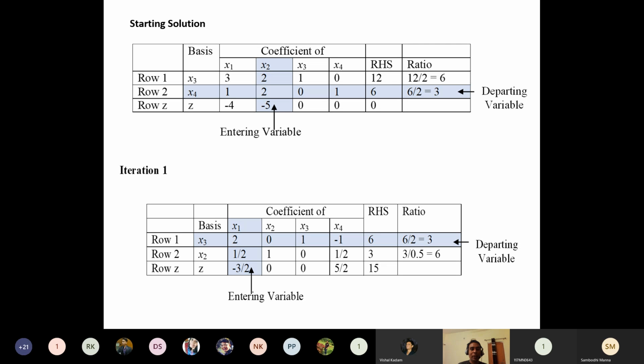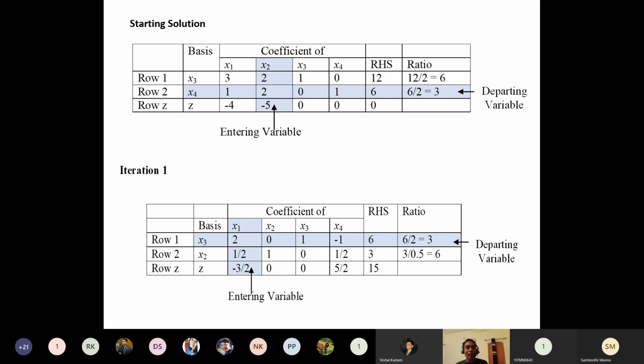So this is what we have written. And the other row is equal to the old row minus the pivot column coefficient times the new pivot row. We have already discussed how to solve linear programming using the simplex method. So we have derived the other rows also, that means row 1 and row Z, accordingly by the Gauss-Jordan transformation equation. So this is iteration 1.